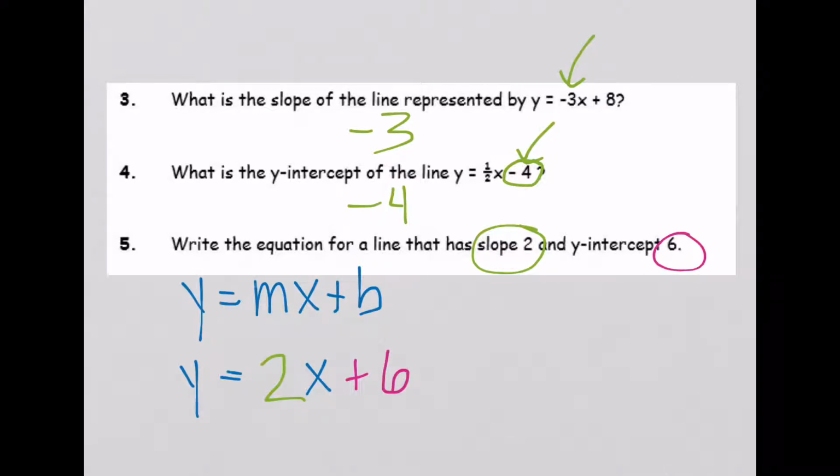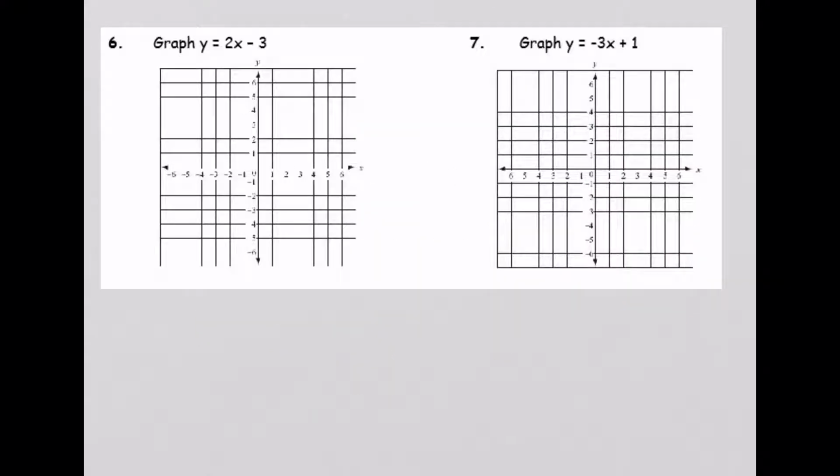So y equals 2x plus 6. Also, you could think about this in terms of the patterns that we just talked about. That means that in the beginning, it was at 6, and the pattern was to add 2 every time. That's a plus. And 2x plus 6 is the same as 6 plus 2x.